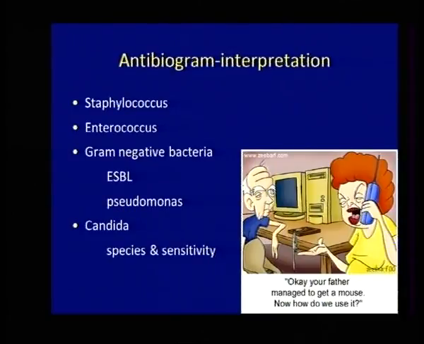For enterococcus, the only question you need to ask is: is it penicillin sensitive or penicillin resistant? If it is penicillin sensitive, ampicillin, amoxicillin, or co-amoxiclav would be the drugs of choice. If it is penicillin resistant, you need to treat it like an MRSA: vancomycin, teicoplanin, linezolid, or daptomycin. If it is a gram-negative bacteria in India, the only question you need to answer is: is it an ESBL producer?